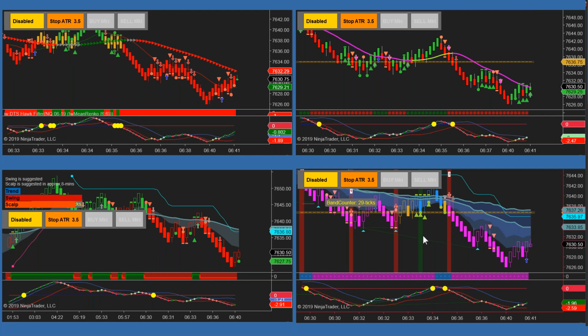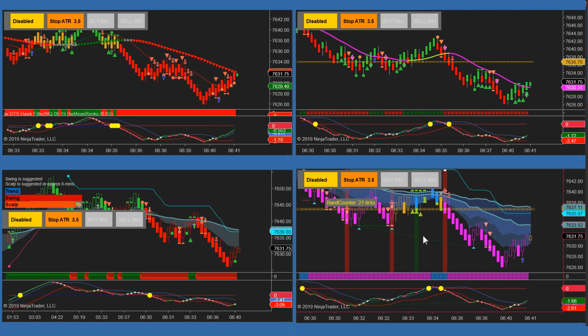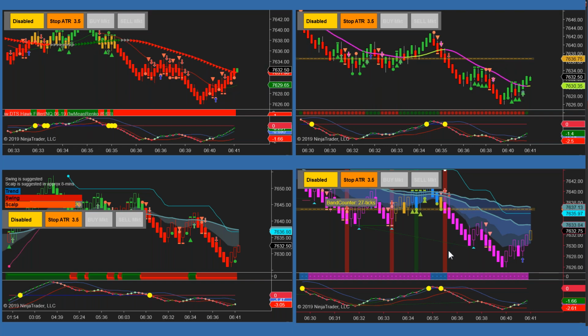Divergence isn't always instant. Sometimes it takes a few bars to unfold. Yeah, James is calling for a bounce.